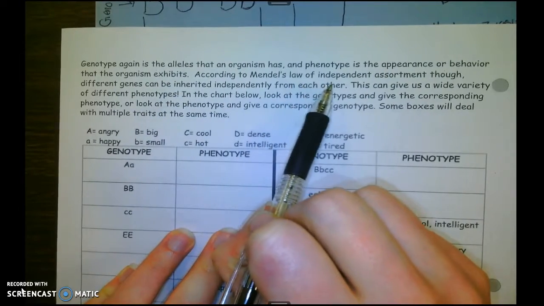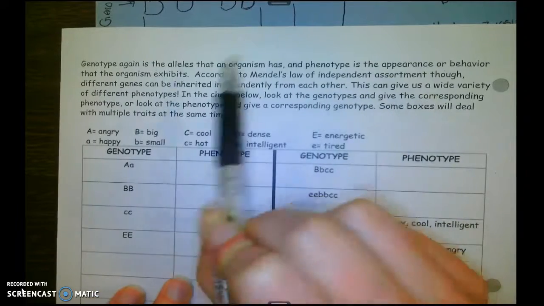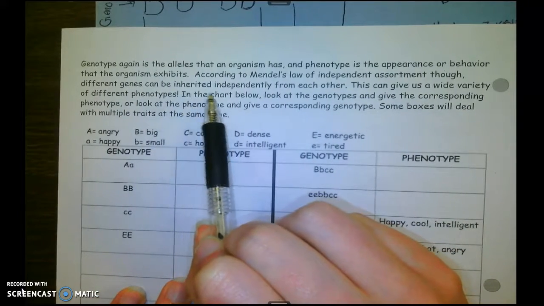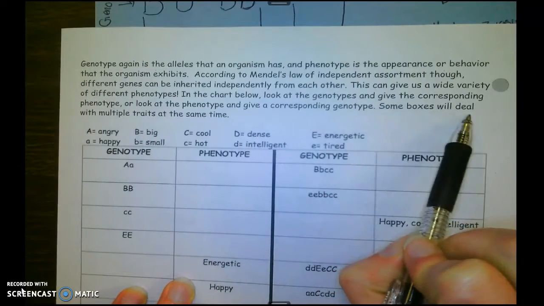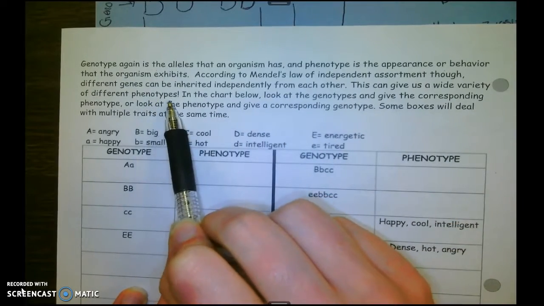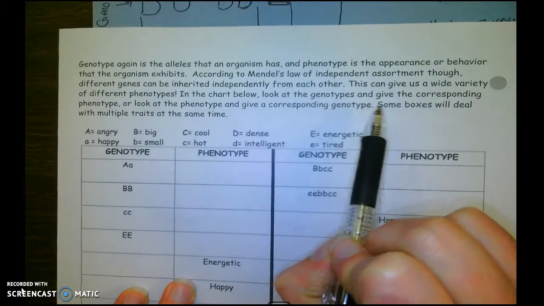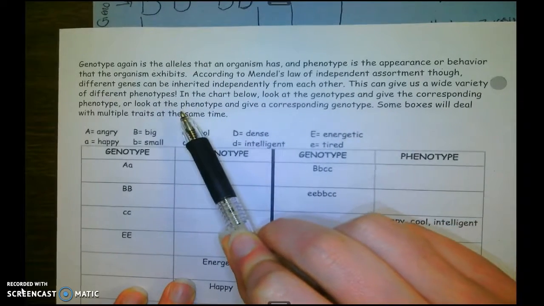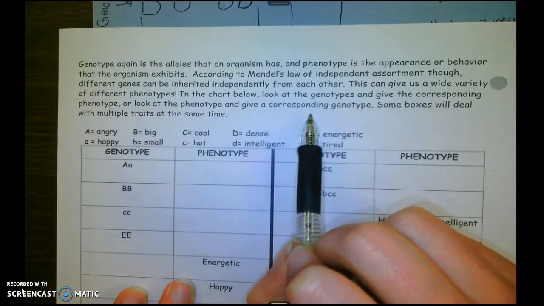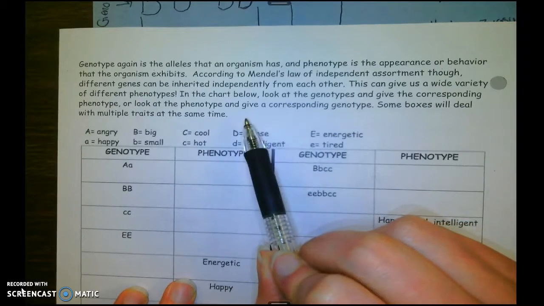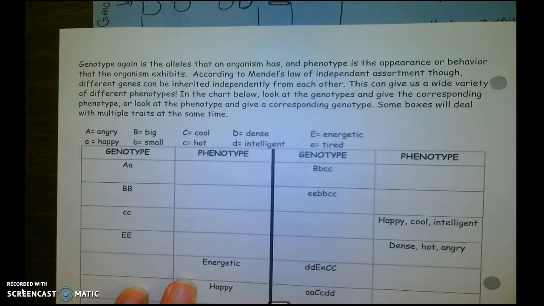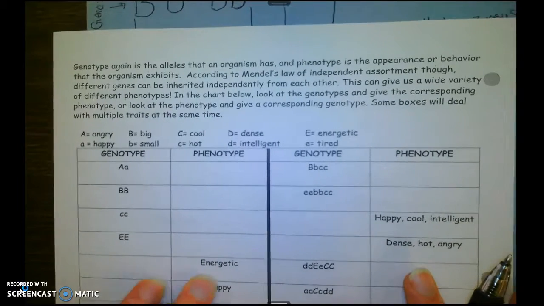According to Mendel's law of independent assortment, though, different genes can be inherited independently from each other. This can give us a wide variety of different phenotypes. In the chart below, look at the genotypes and give the corresponding phenotype, or look at the phenotype and give corresponding genotypes. Some boxes will deal with multiple traits at the same time. This isn't too bad, I promise you that.